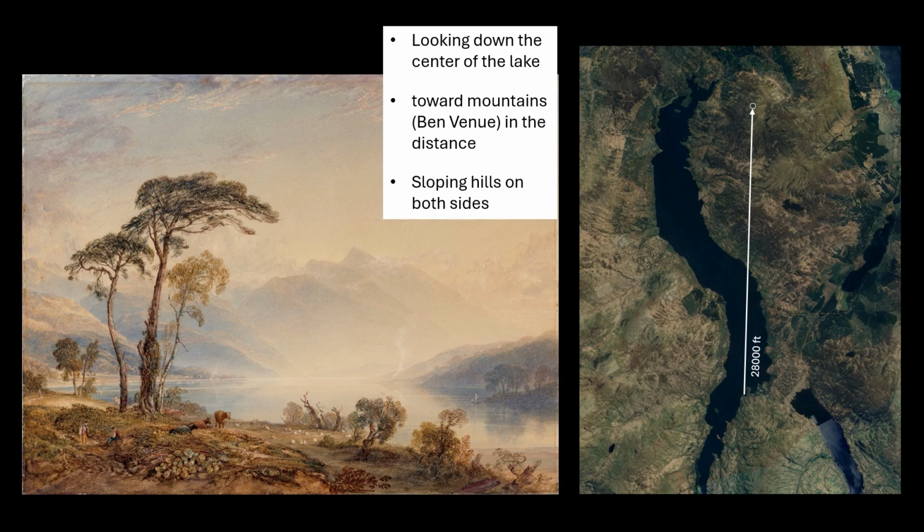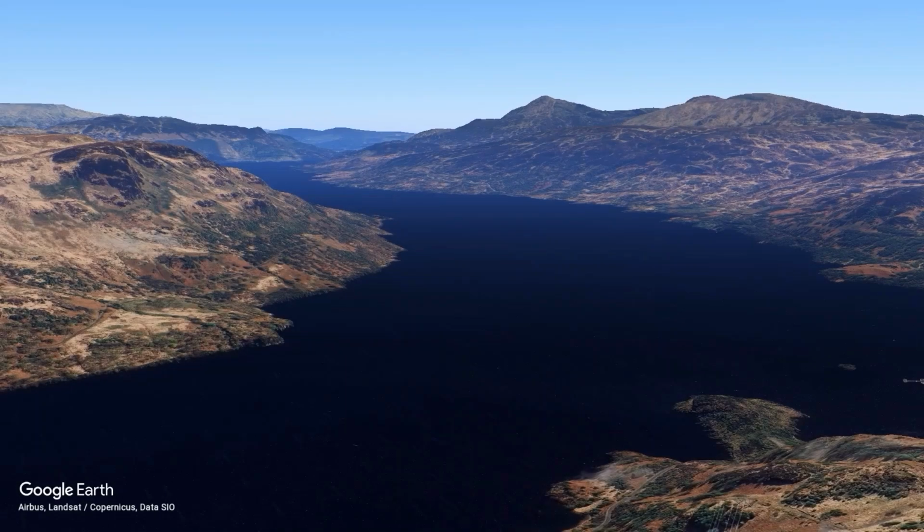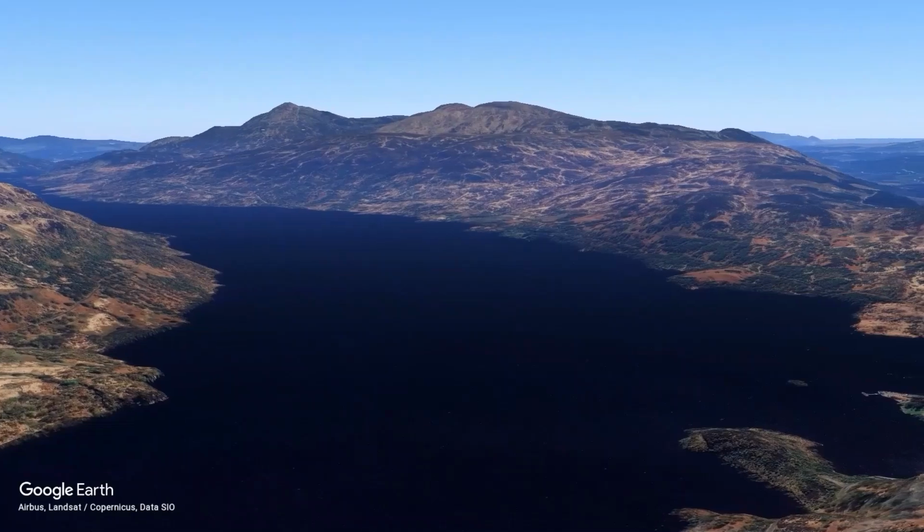So exactly where was the artist? I'm going to show you this location with this video that was created using Google Earth Studio. Benvenue is in the distance. We're looking toward Benvenue. The sloping hill is on the left. The peninsula is in the lower right.